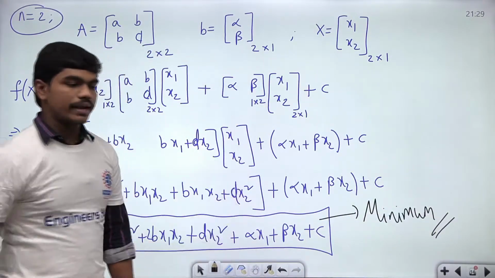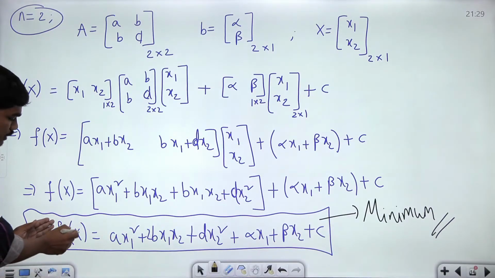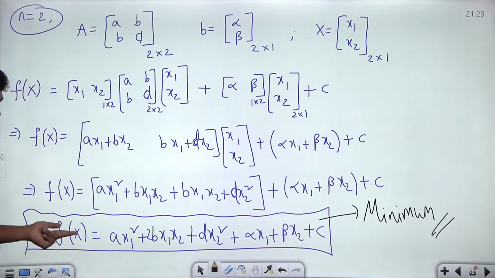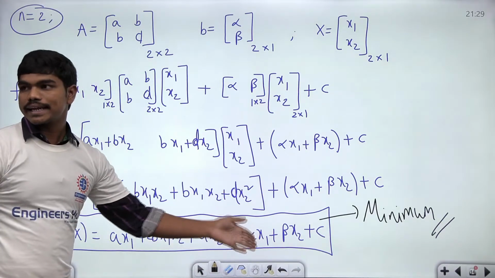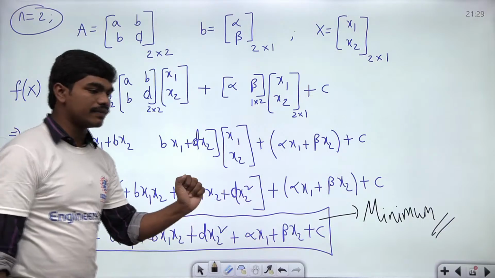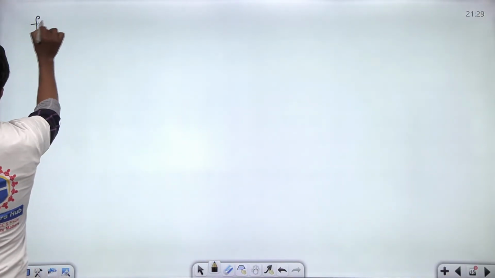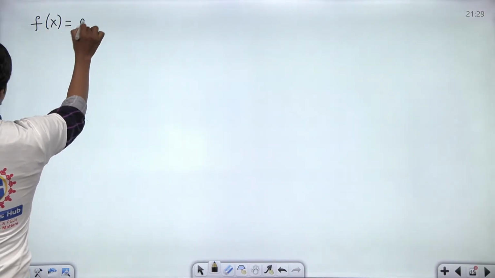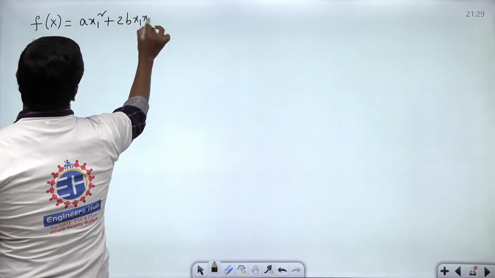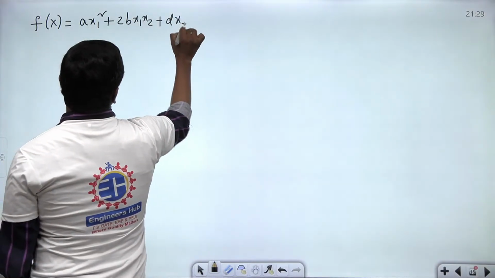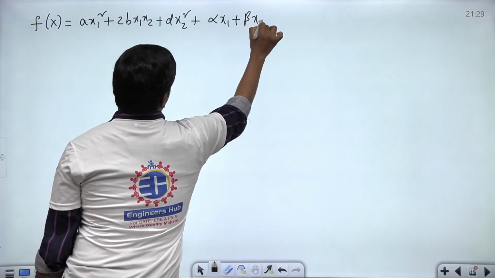Minimum for this function. Now try to tell me one thing. This f of capital X, because this capital X is a matrix and it involves two variables x1 and x2, is an expression that contains two independent variables. Correct? So f of x is equal to Ax1 square plus 2b x1 x2 plus dx2 square plus alpha x1 plus beta x2 plus constant.